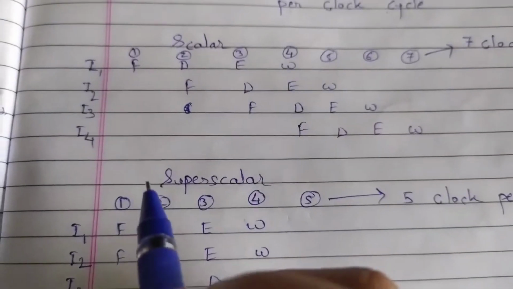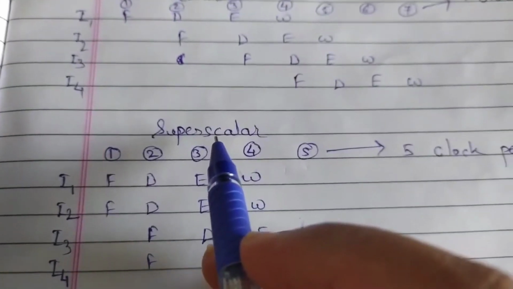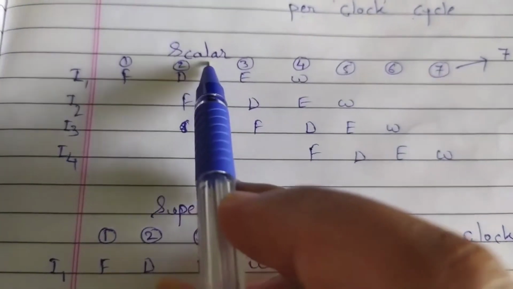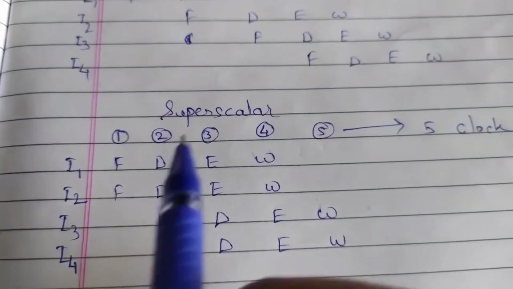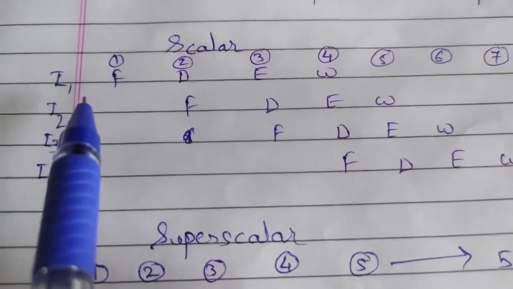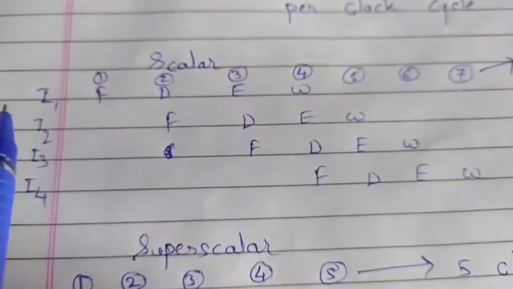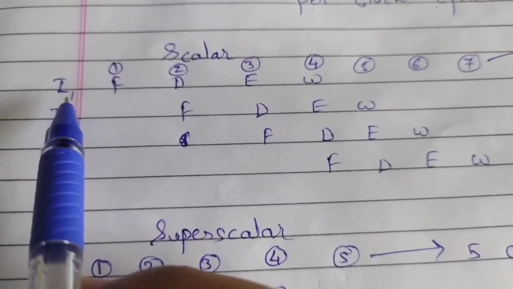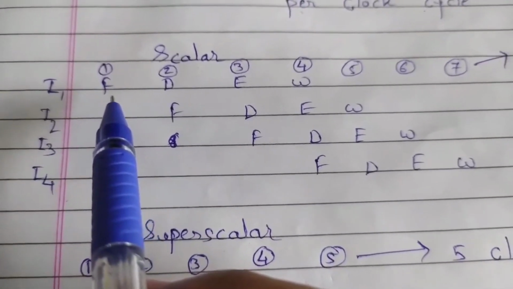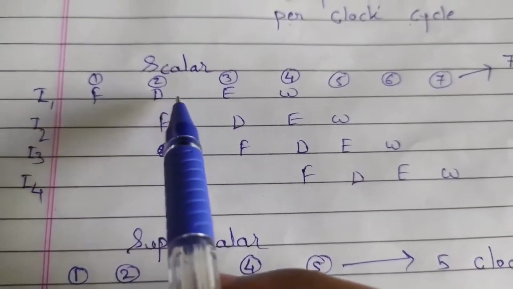Now we will see how a scalar processor works and how a superscalar processor works. We give the same 4 instructions to the scalar processor and the same 4 instructions to the superscalar processor. As we have told earlier, only one instruction can be passed in one clock cycle. When we pass the first instruction, this is one clock cycle. As we are using pipeline architecture, there will be various stages: fetch, decode, execute and write back.